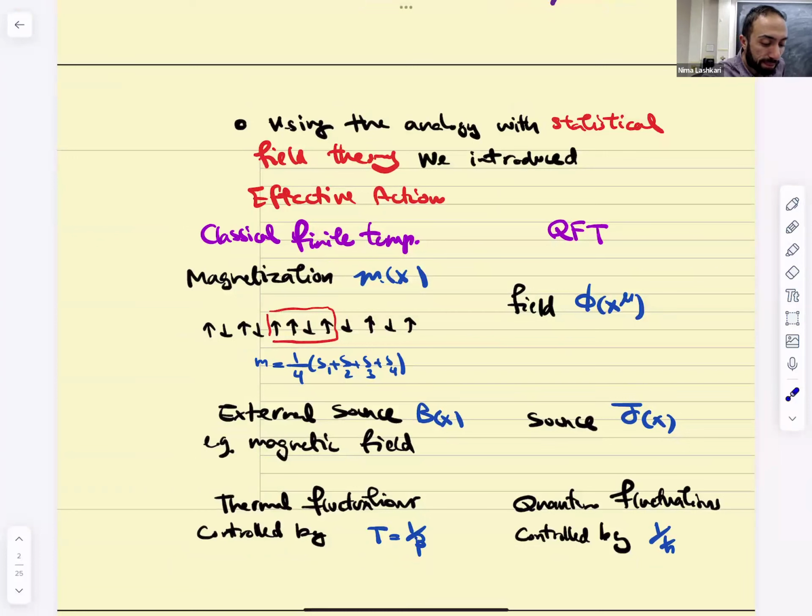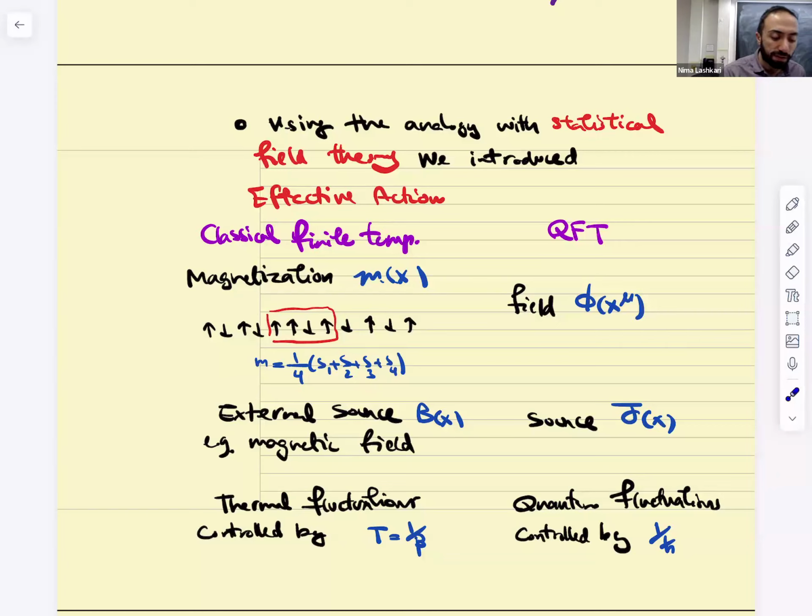Then we switched gears and talked about the analogy between statistical field theory and effective action. We talked about the connection between statistical field theory and quantum field theory.